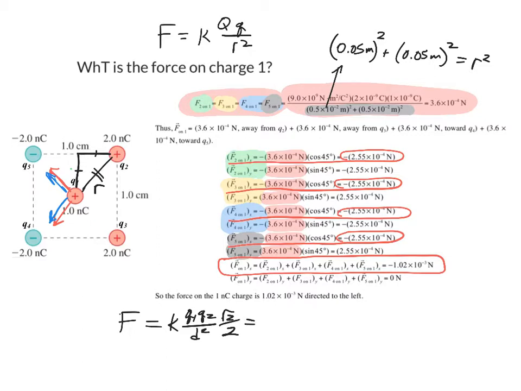And we could immediately get to our 2.55 times 10 to the minus 4 newtons. And we'd come over here and look at our force arrows and go, that's the magnitude of all of the X components, which are all that matter. So if I do this, they're all negative times 4. I get my answer.